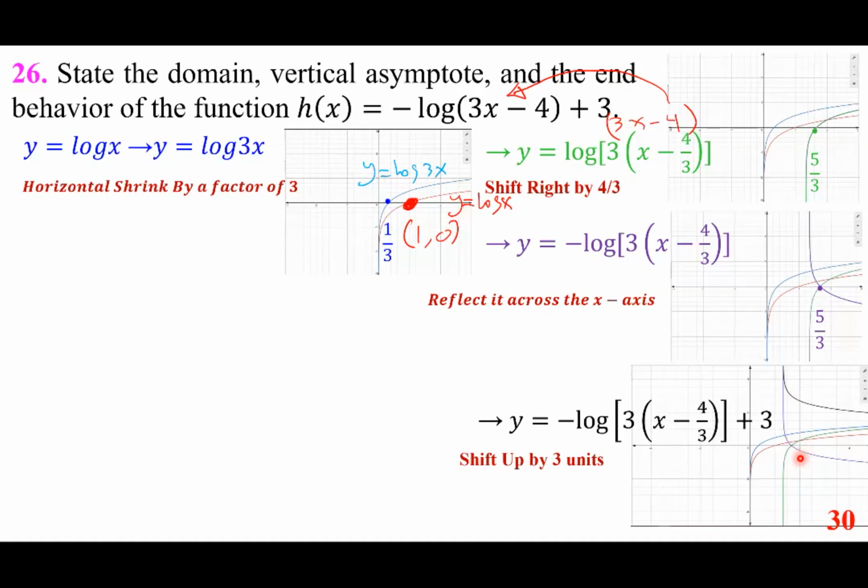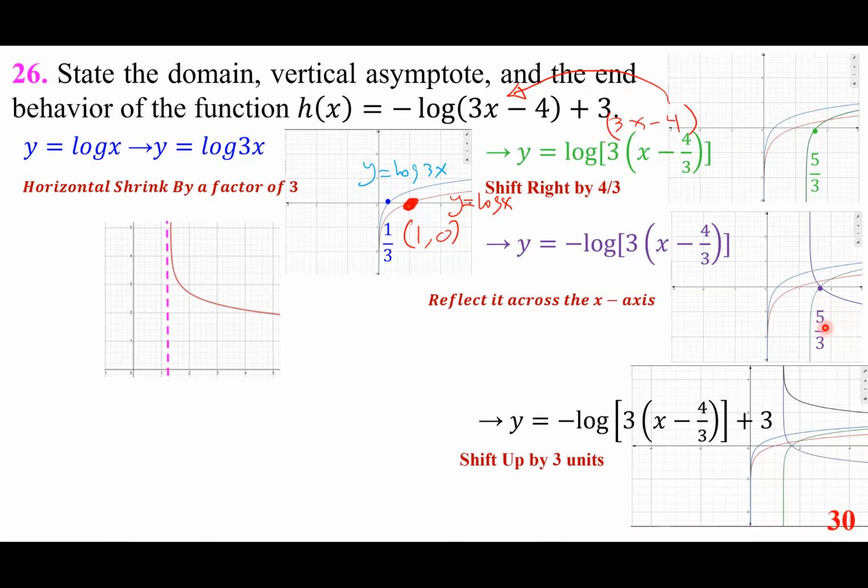And so what we notice is this point, which had coordinates (5/3, 0), has gone up to (5/3, 3). So this point, (5/3, 0), remained here, now it's gone up to (5/3, 3). And what is the vertical asymptote? Basically set 3x minus 4 equal to 0. 3x.